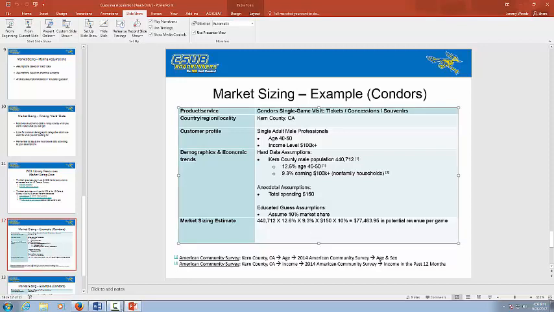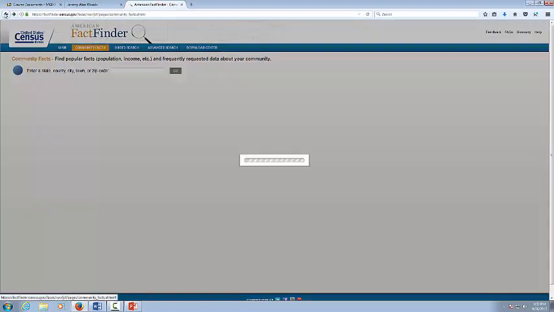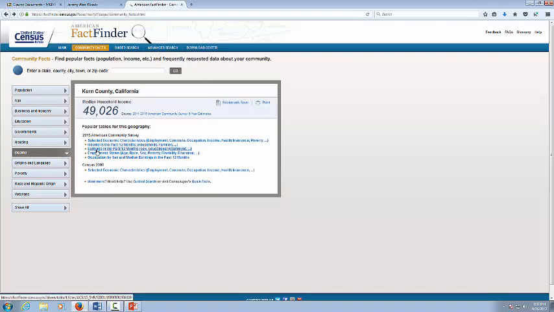And then finally, we need information for individuals earning over $100,000. So if we go back to the community facts page, in this case we want information on income level. So go down to the tab on income level. Selected economic characteristics, income, and sometimes you have to play around a little bit with each of these links.